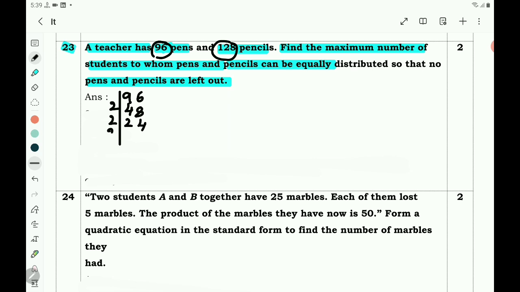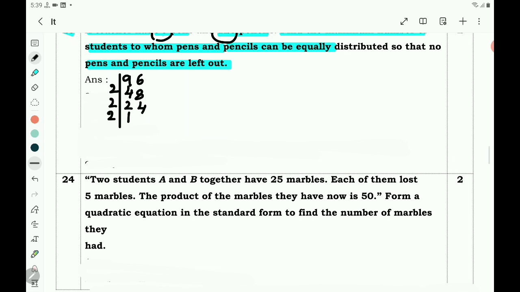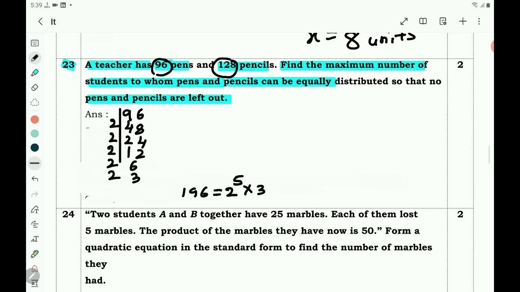Again 24 is in the table of 2, 2 12s are 24, then 2 6s are 12, 2 3s are 6. So you got 96 equals 2 into 2 into 2 into 2 into 2, 2 power 5, into 3.